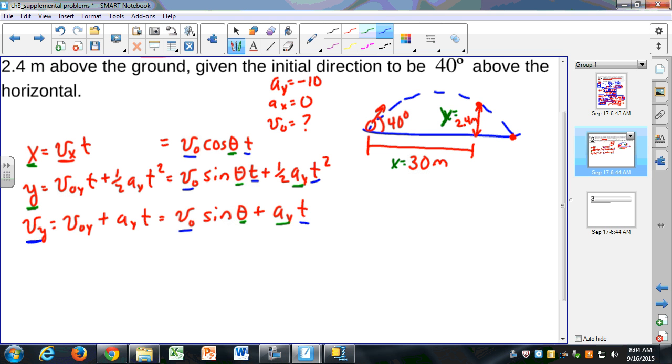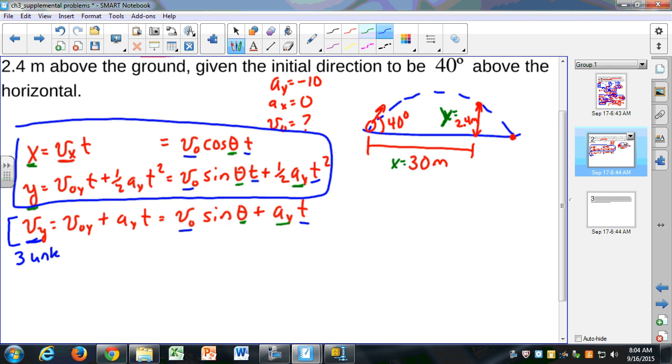I don't know this value. So actually in this third equation down here, I have three unknowns. So I'm just going to forget about it, because if I look at these two equations, in this system of equations, I have two unknowns. Let me write them again down here.